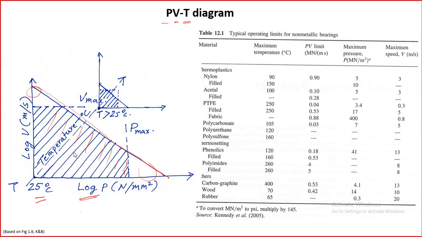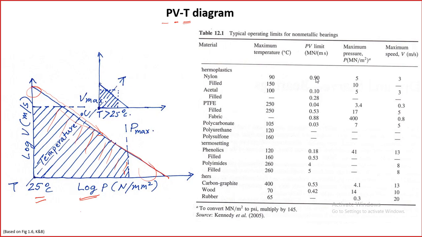So the load and the velocities must be within this envelope. For each bearing, people try to find out the PV diagram so that we can find out the limits. That means if you are increasing the load, then the velocity will go down. We cannot use very high speed as we increase the load, and vice versa.